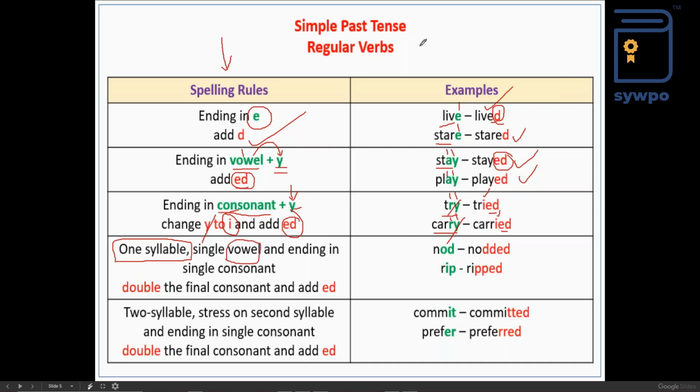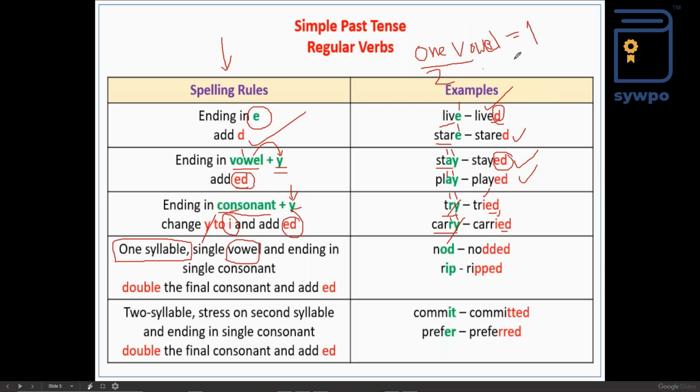Now remember, one syllable means one vowel. The vowels actually give you the sound. So one vowel means one sound.